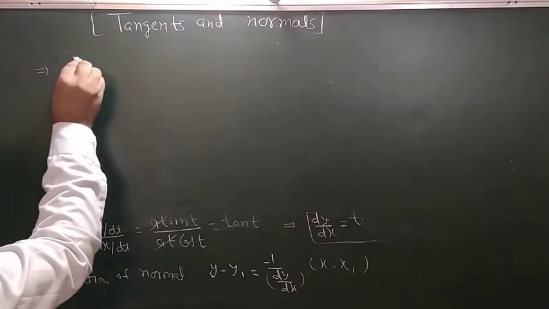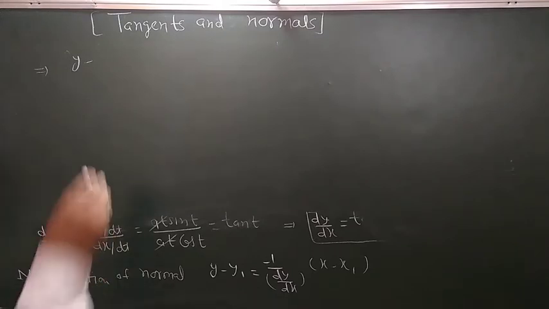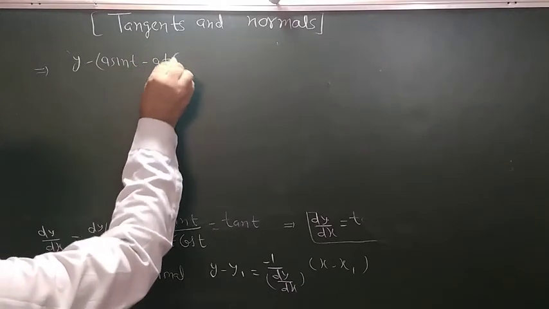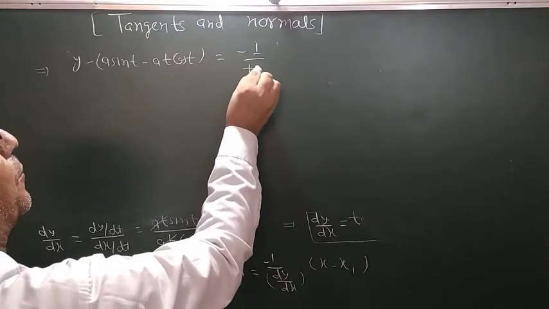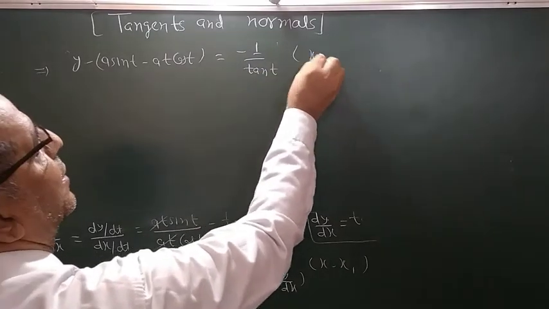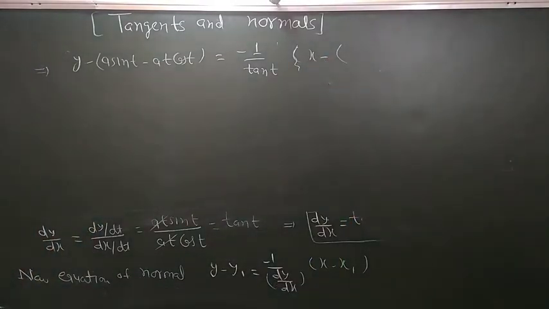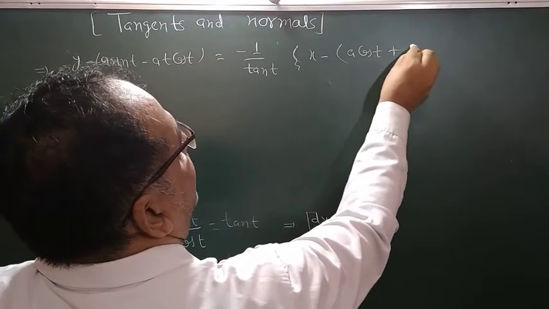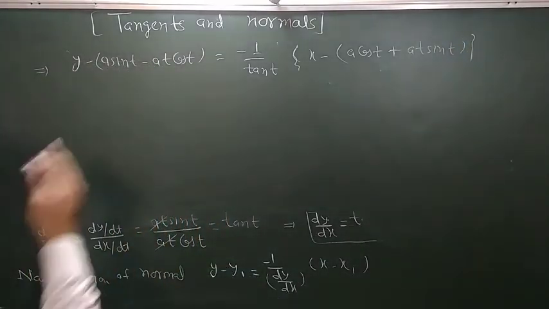So y minus the value of y1, which is a sin t minus at cos t, equals minus 1 upon the value of dy over dx, which is tan t, times x minus the value of x1, which is a cos t plus at sin t.